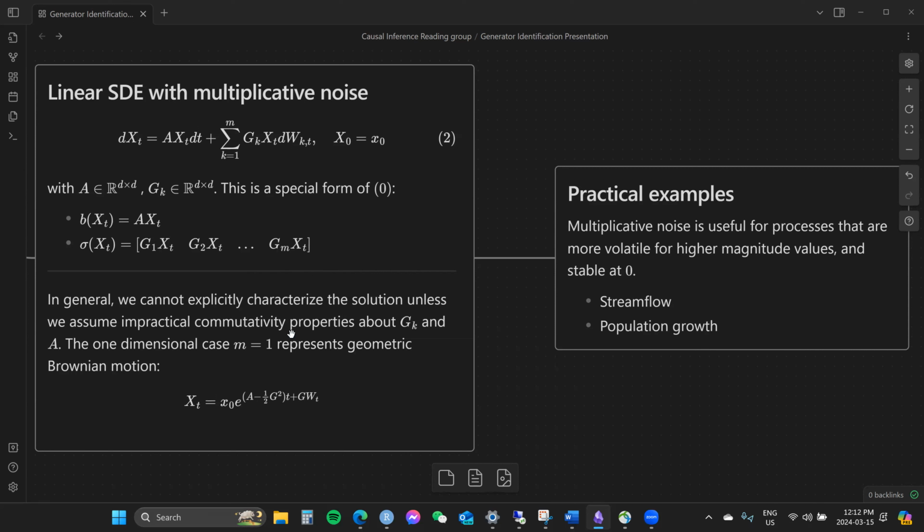In general, we can't really get an explicit solution for this, but if we're only using one dimension, we can. It's just geometric Brownian motion given by the solution. And some practical examples of this include processes where you would expect that the noise grows with the magnitude of the process. So something like population growth or stream flow could be examples of this.